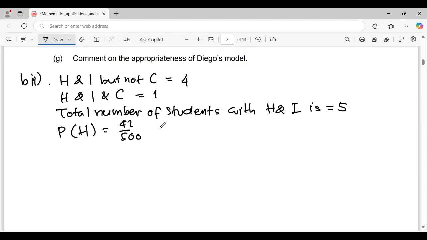So the probability of head lice, according to our calculations, is 42 over 500, and the probability of influenza and head lice is 5 over 500.